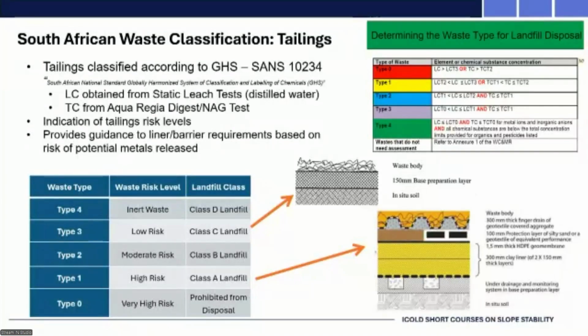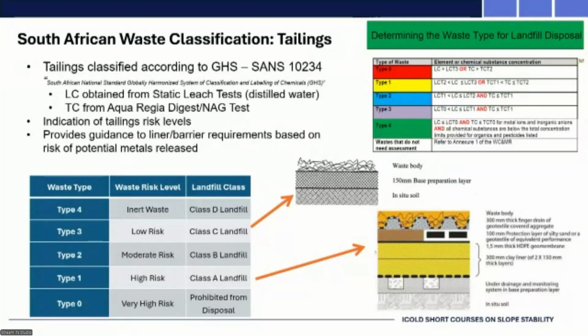Okay, that's just an example of the South African waste classification of tailings. The results that we got from the leaches, the total and the distilled leach, we use as our LC, and that's compared to some standards, which aren't just any old standards, it's actually the Globally Harmonized System of classification.